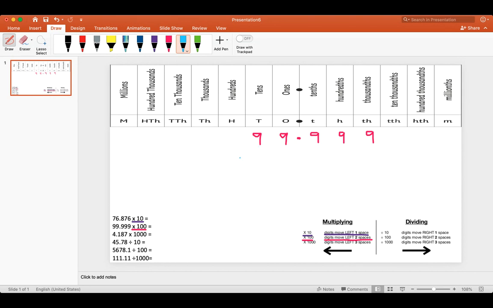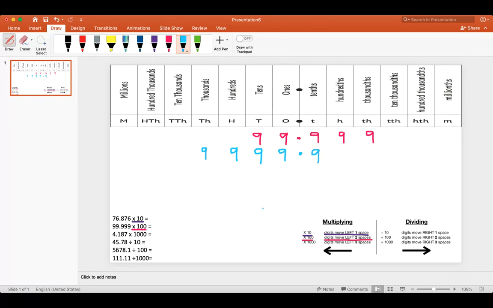The 9 tens is going to become 9 thousands. This 9 ones is going to become 9 hundreds. The decimal point remains the same, to keep that nice and neatly underneath the decimal point column. Now we're going to move each of these 9s: 1, 2. 1, 2. 1, 2.